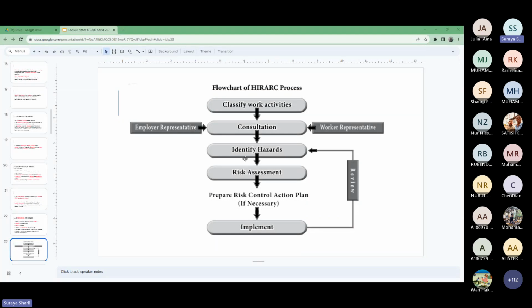And always in terms of health and safety management, it is a continuous improvement. That is why any company or agency will do a revision or an audit process. So from there we can review and make improvement. And so this process is a continuous improvement process.